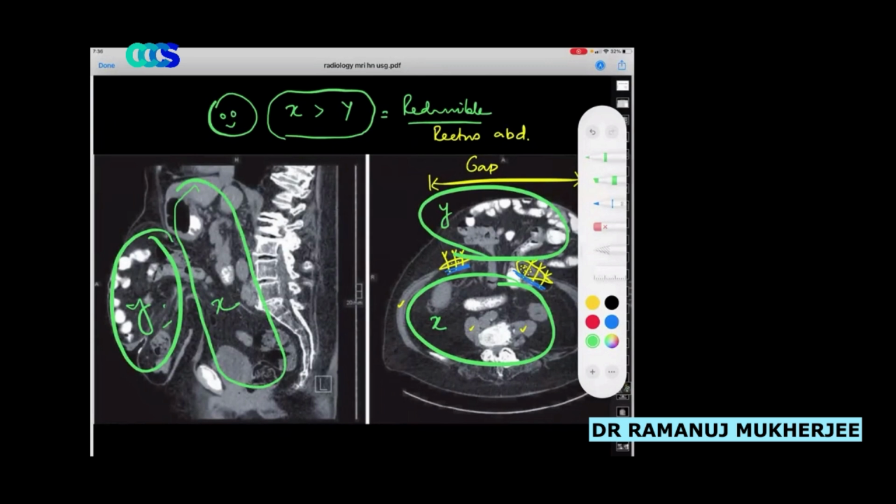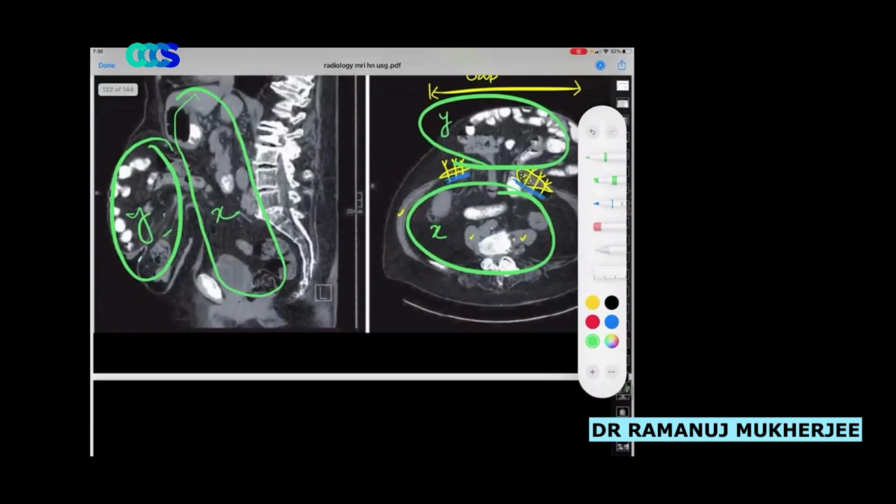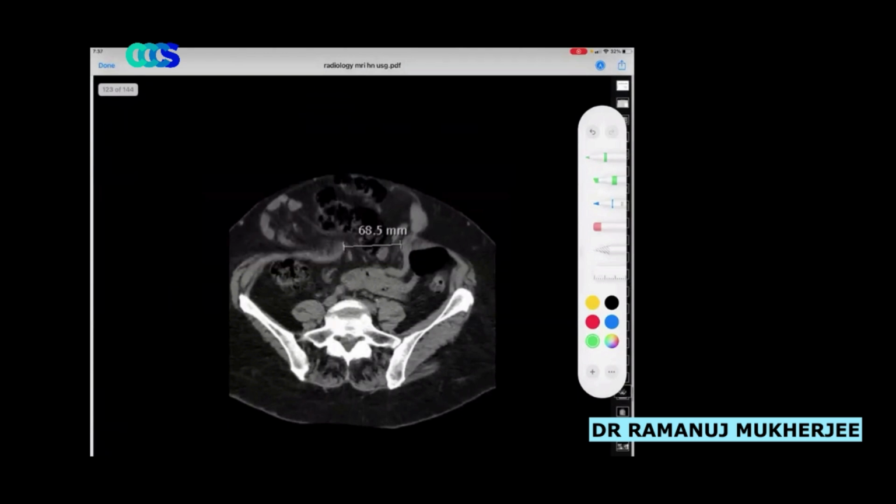However, if Y is greater than X, your smile should always go away. Because this is then what type of hernia? Called as a loss of domain hernia.